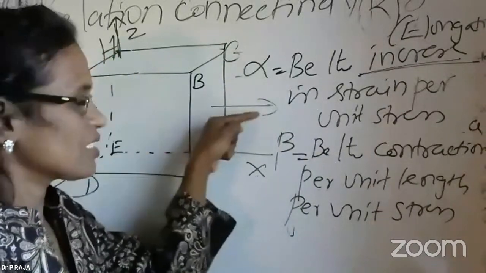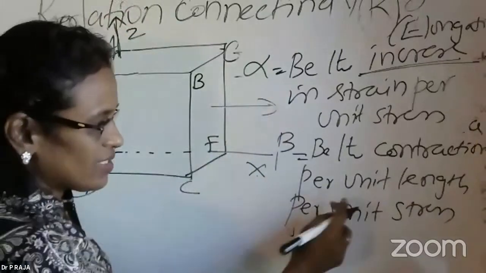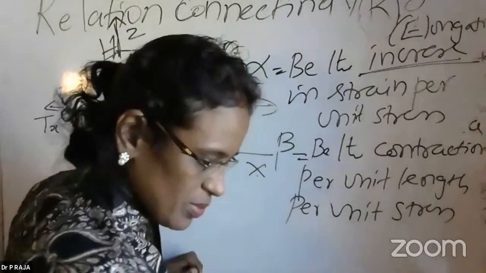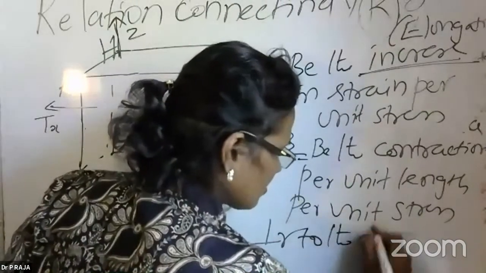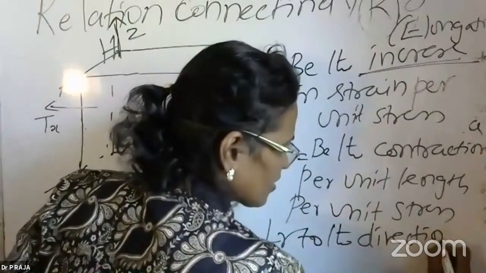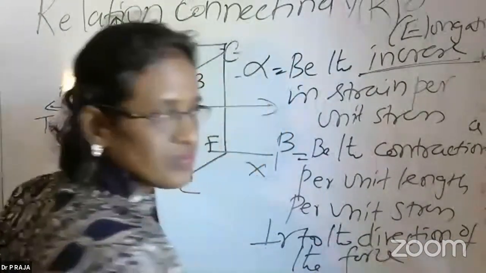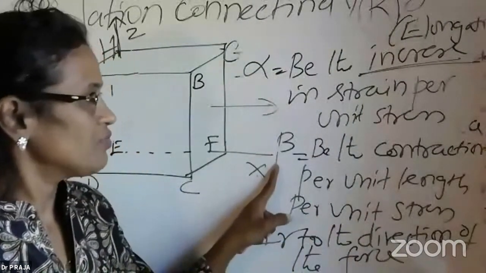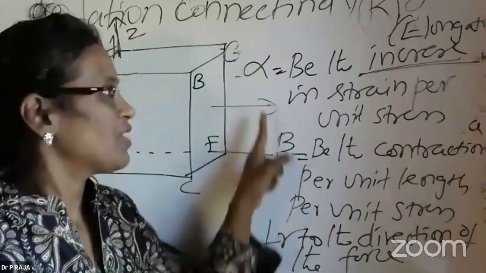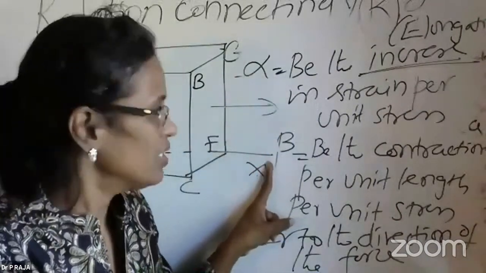If the force is acting along one direction, there will be a contraction along the other direction. So beta is per unit stress perpendicular to the direction of the force. If alpha is a positive value, beta is going to be a negative value.